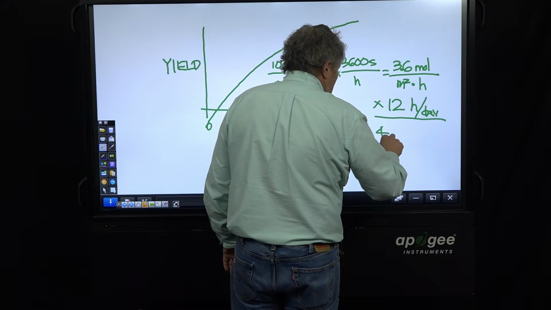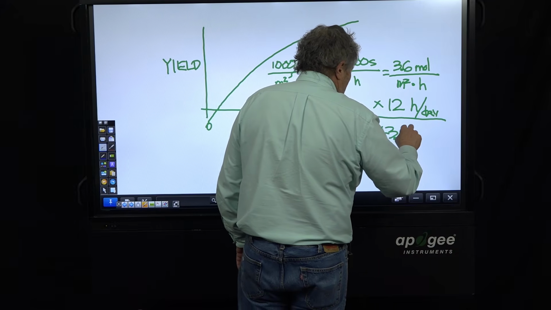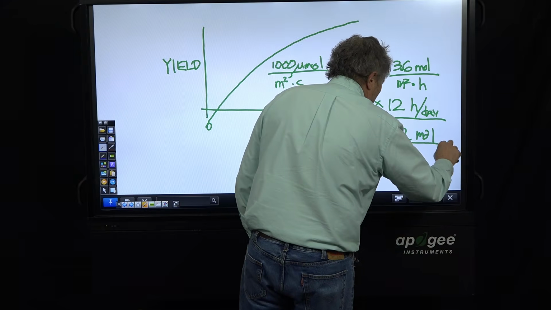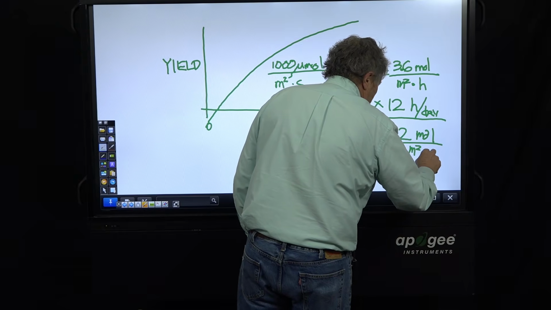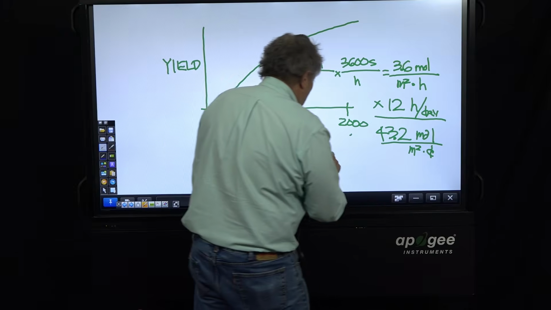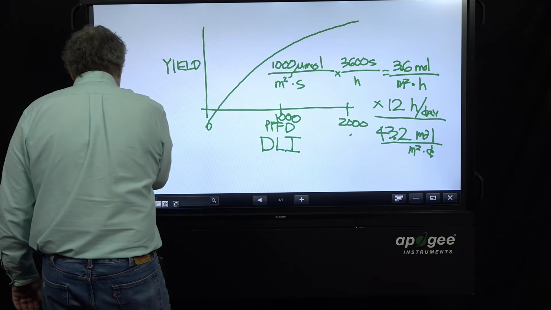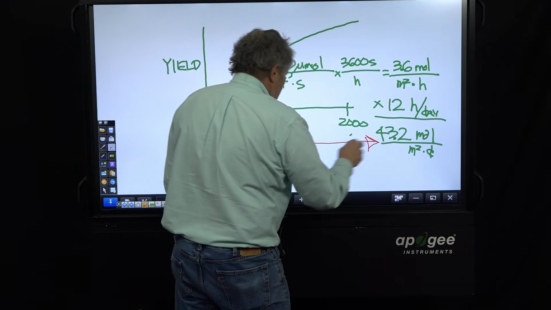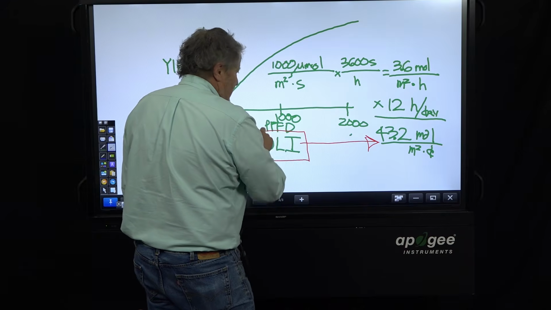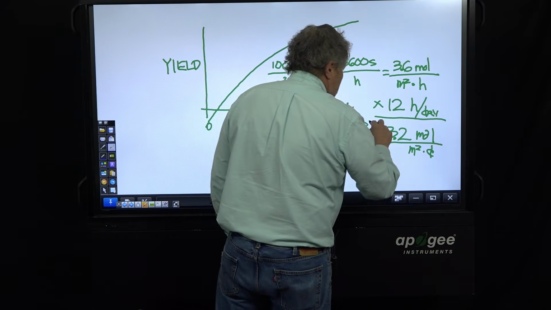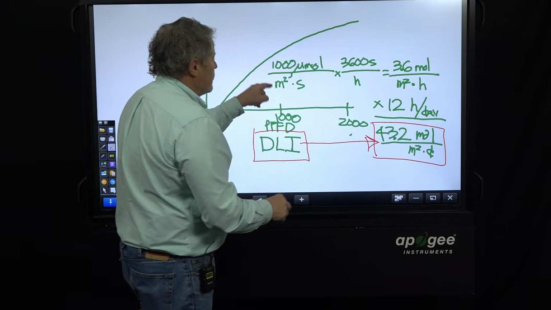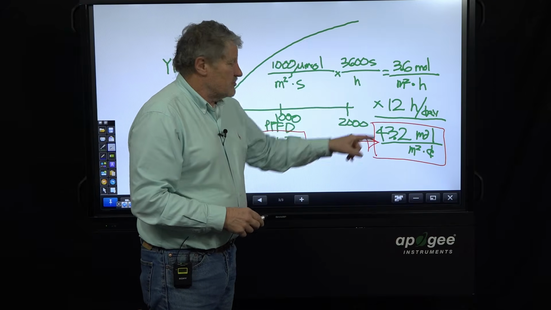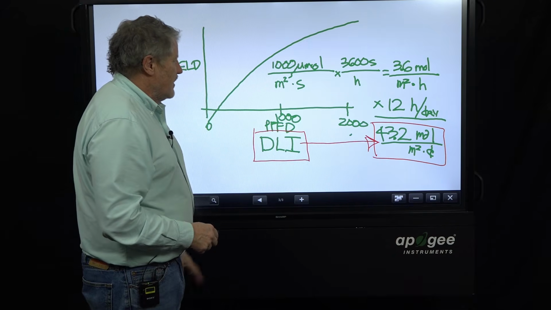That comes out to be 43.2 moles per meter squared per day. And that number right there, this is so important, we'll put it in red, is the DLI. If you had 1,000 micromoles per second continuously for 12 hours, you get 43 a day.